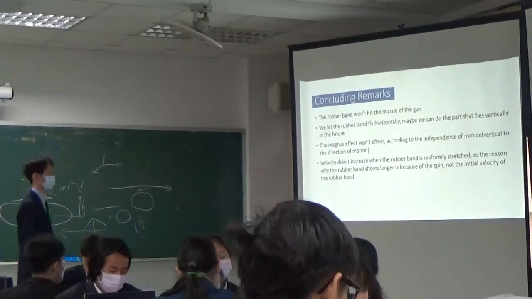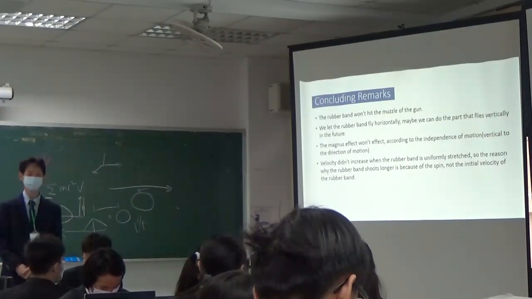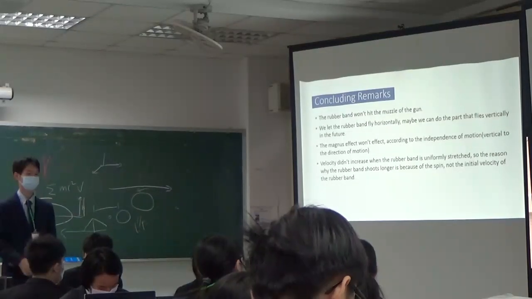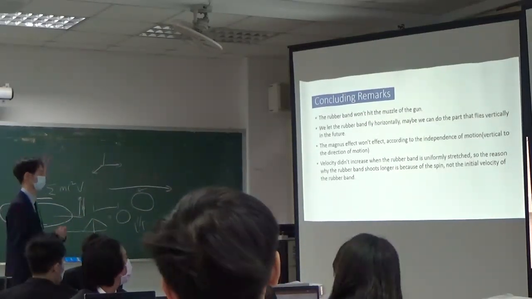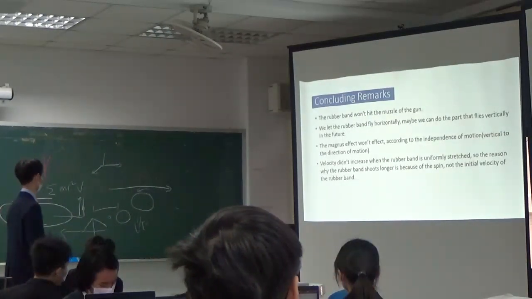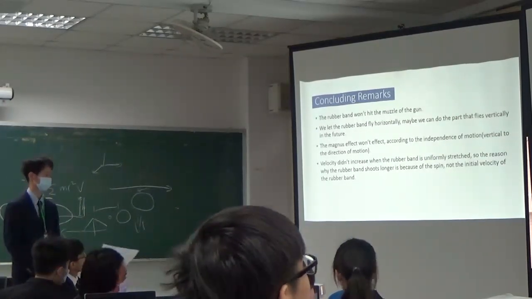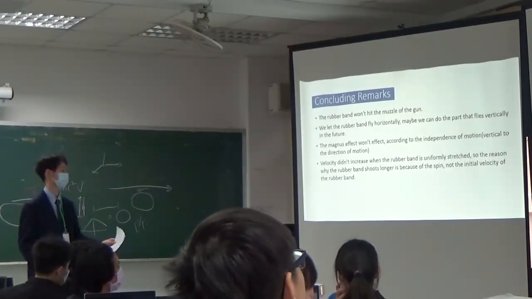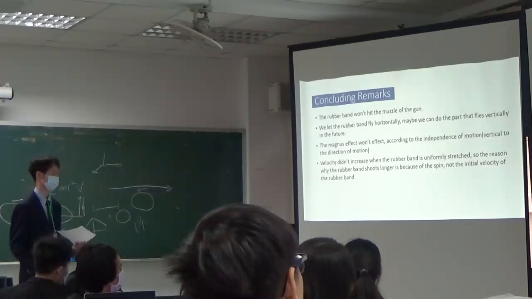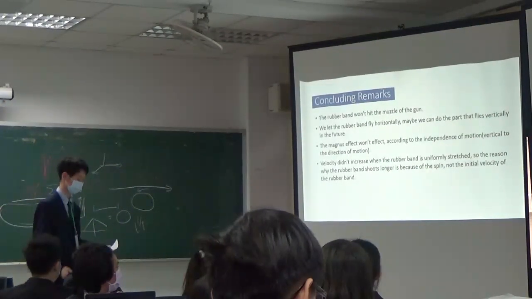We believe that the magnus effect won't affect the motion of the rubber band because it's perpendicular to the direction of travel. The velocity didn't increase when the rubber band is spinning. So the reason why the rubber band flies longer perhaps is because of the spin and not the initial velocity of the rubber band. And perhaps we could do more variables in the future.